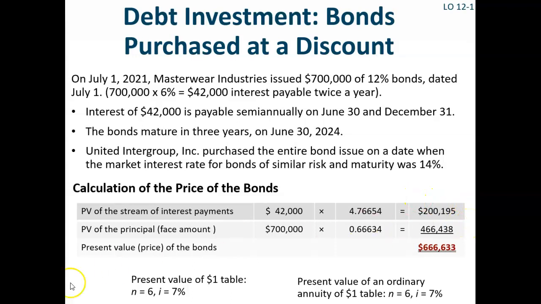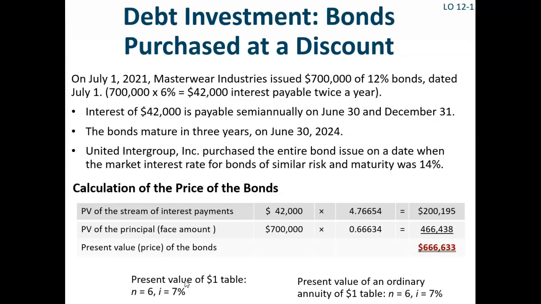Step 3. Calculate the present value of the face amount or par value of the bond. Well, the par value of the bond is $700,000. We're going to calculate that using the present value table 2 at the back of your textbook.